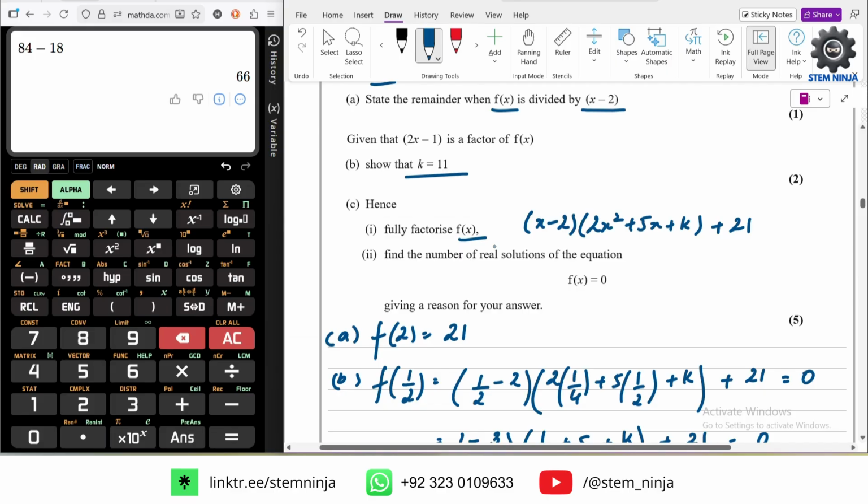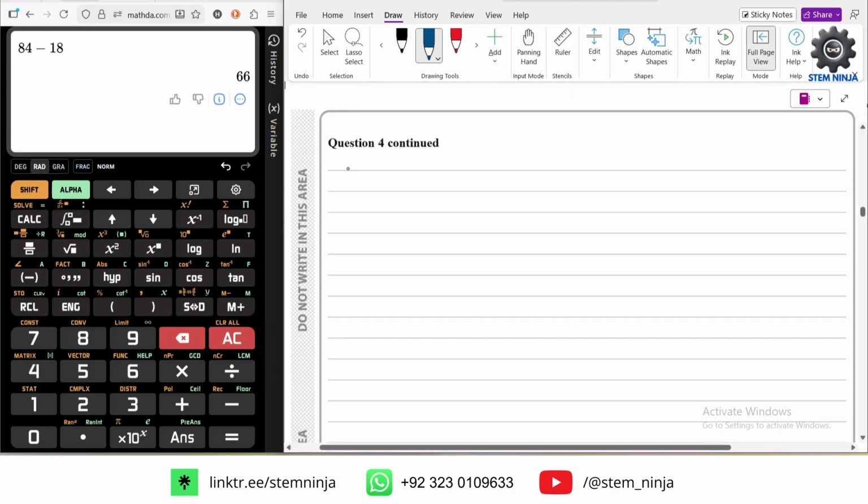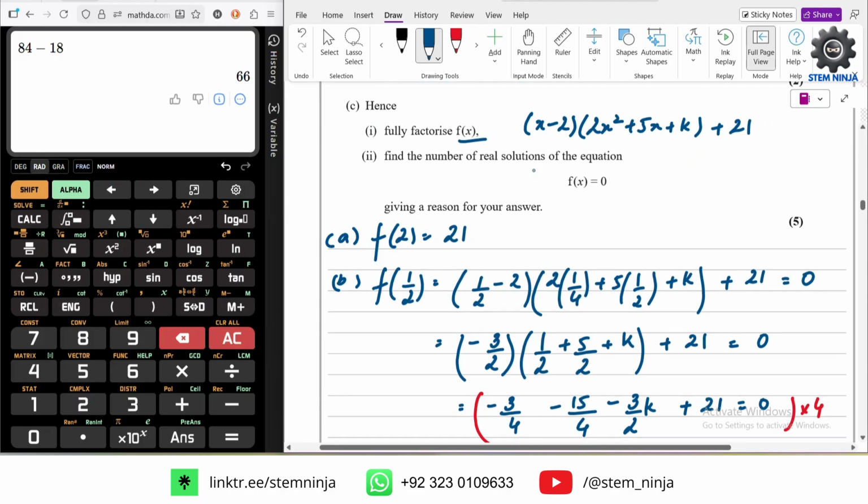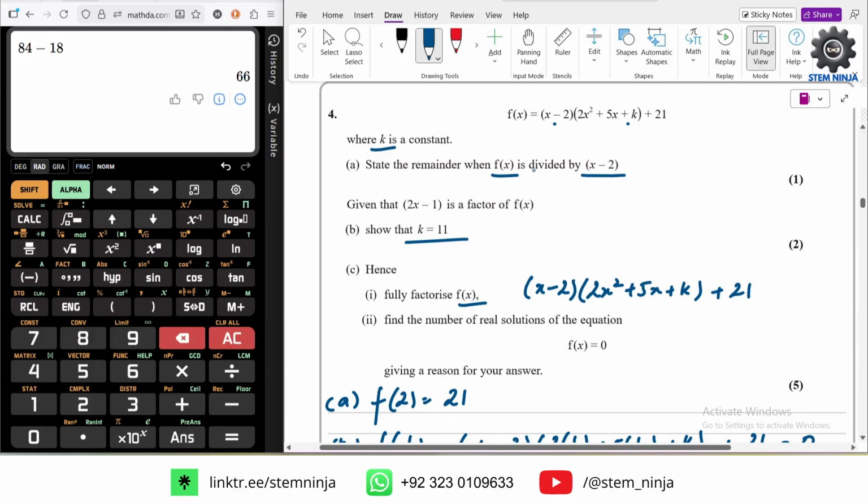Okay, so to fully factorize, we need to do the long division. So first we need to make it into a fully cubic equation. So this is 2x cubed plus 5x squared plus kx minus 4x squared and minus 10x minus 2k plus 21.